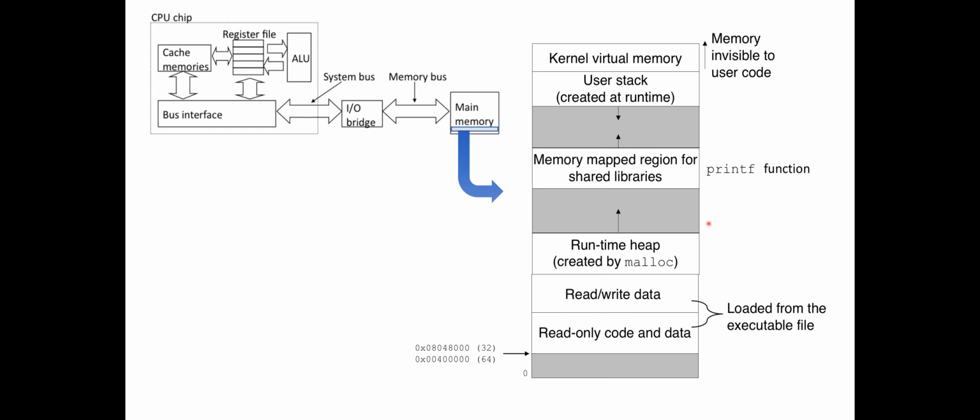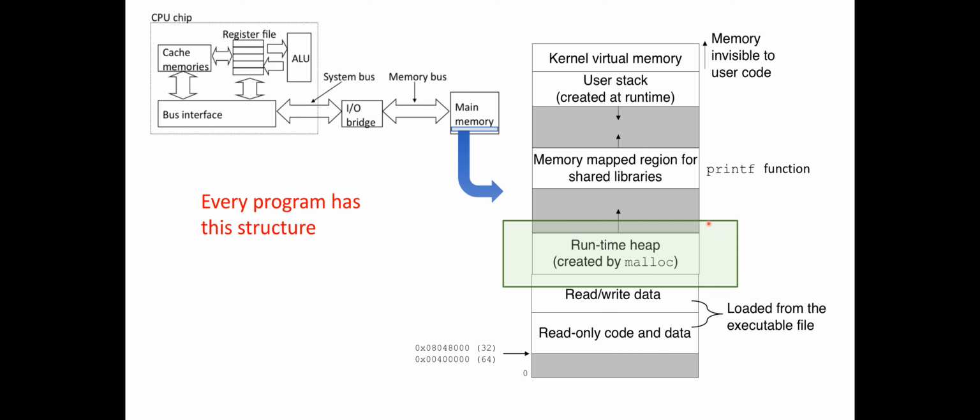The thing that we're going to spend some time looking at now in this next activity, so every program has this structure. And the thing we're going to look at more carefully is this thing called the runtime heap. And so in this portion of memory, if we've declared an array to have a specific size statically, then it shows up here.